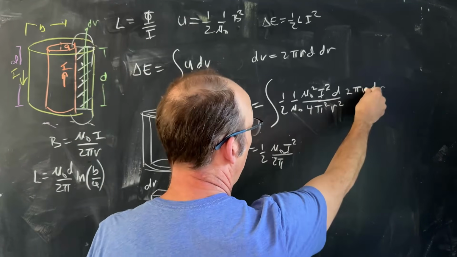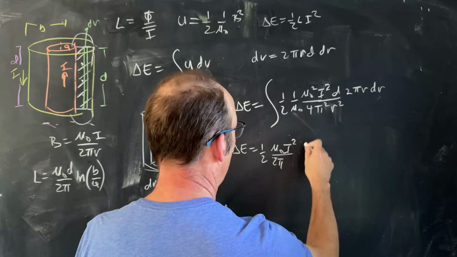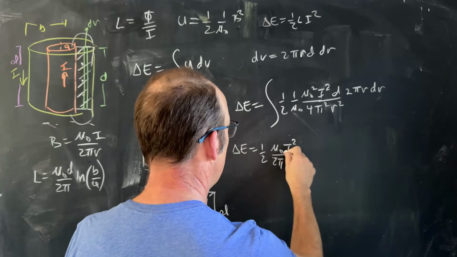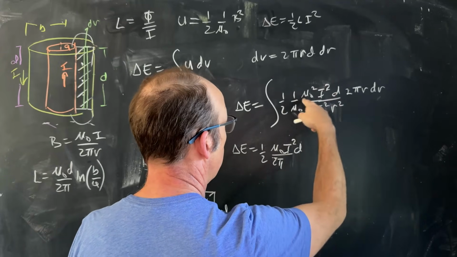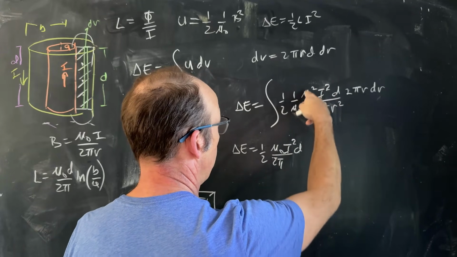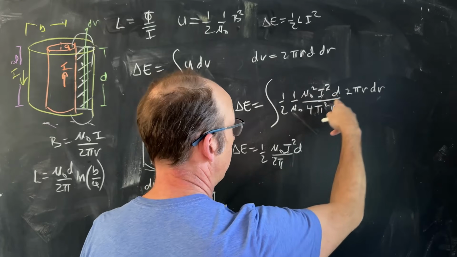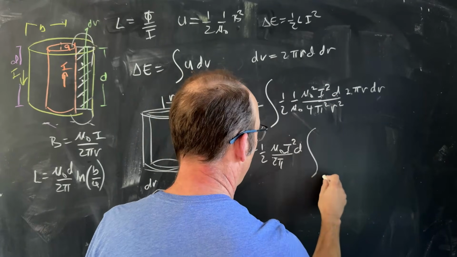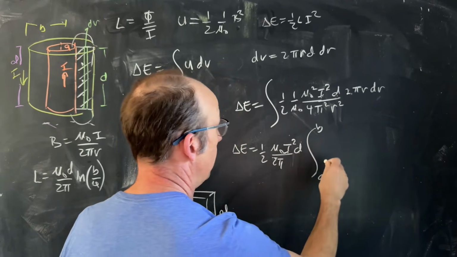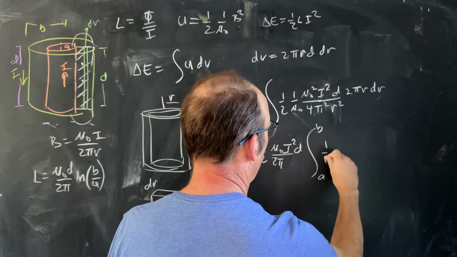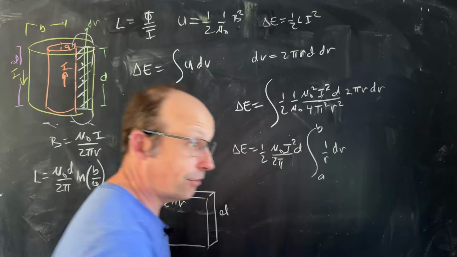I have an r over r squared, so I have a d. Got the 1/2, and the rest. Then I have the integral from a to b of 1 over r dr. Oh my goodness, it's the same integral.